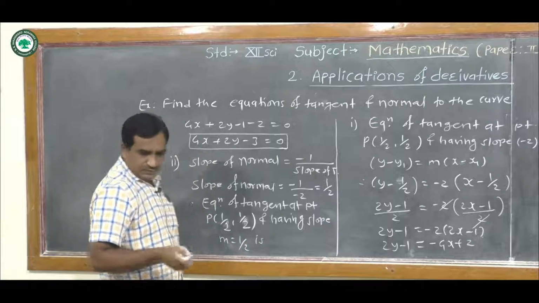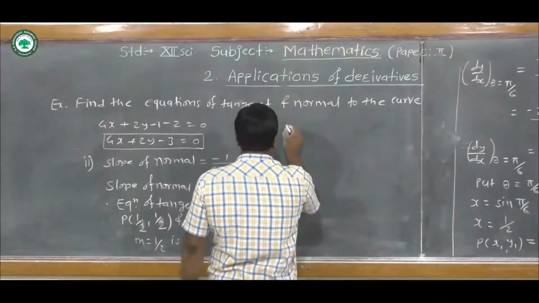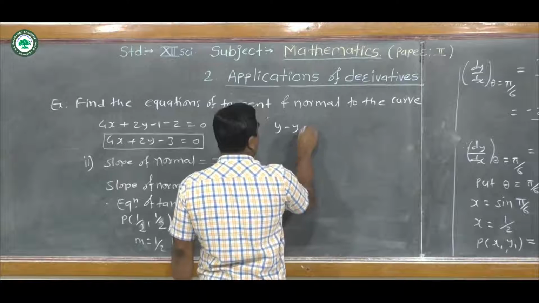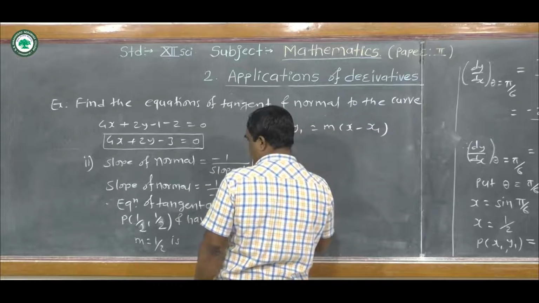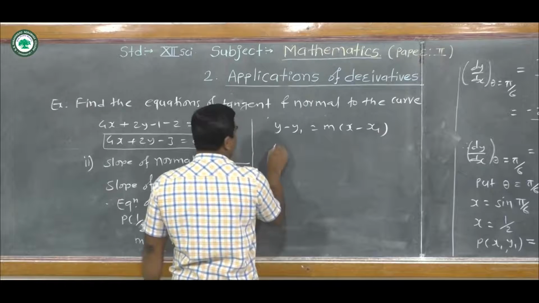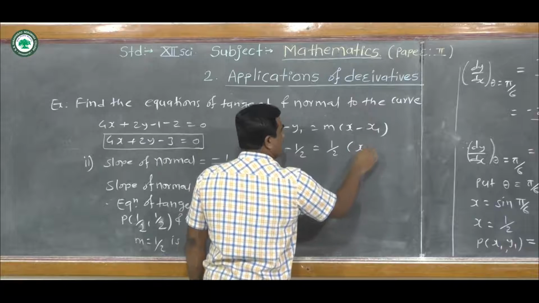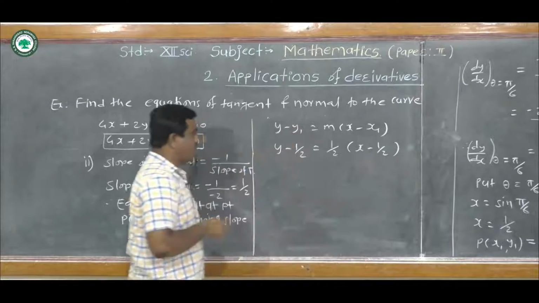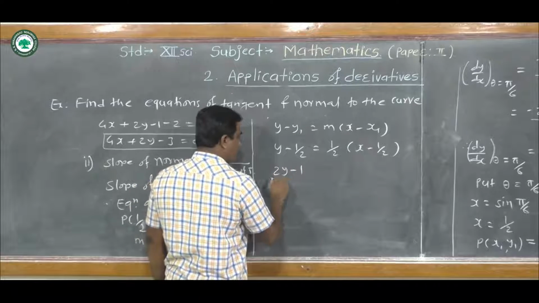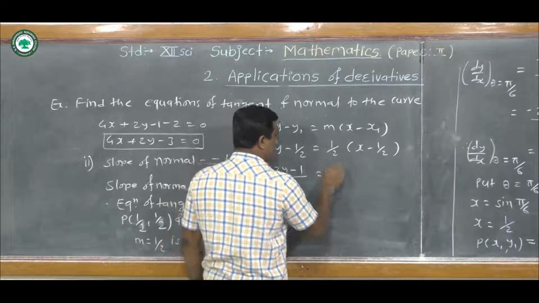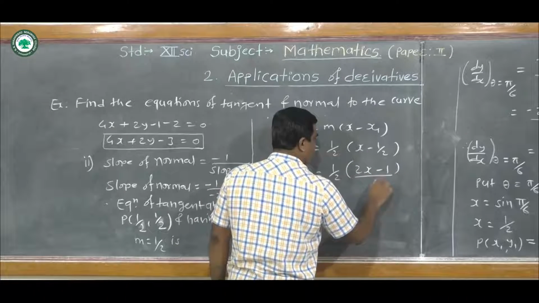Now we write here the equation of normal, that is y minus y1 equal to m into x minus x1. Here y1 and x1 mean 1 by 2, so y minus 1 by 2, slope m is 1 by 2, x minus 1 by 2. Now simplify this: 2y minus 1 upon 2 equal to 1 by 2 as it is, 2x minus 1 upon 2.